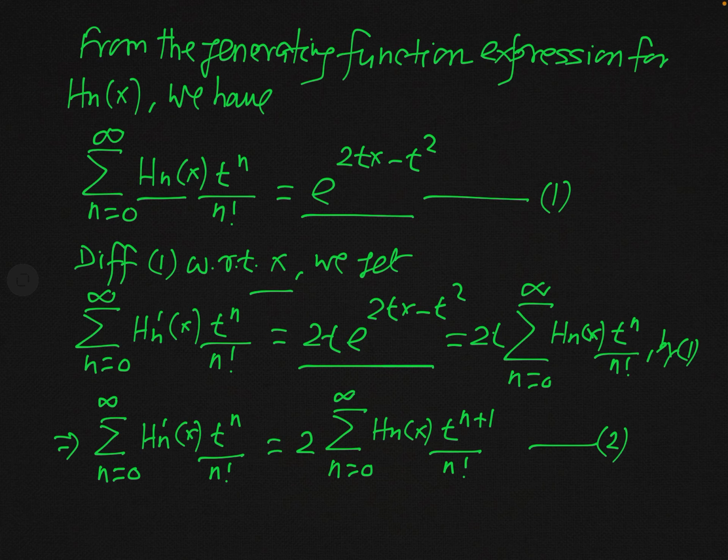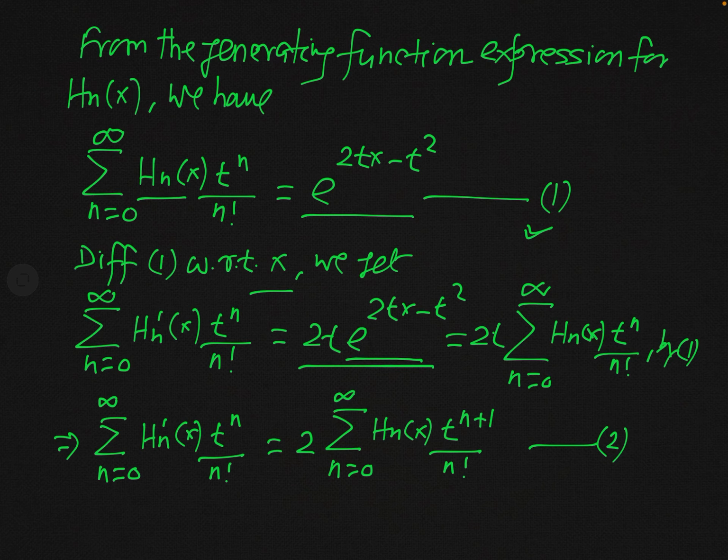Now, from this equation 1, which is the generating function expression for Hn of x, you can again write e raised to the power 2tx minus t square equal to summation n 0 to infinity Hn of x t raised to the power n over n factorial. This has been obtained by the use of this equation 1, you can see.